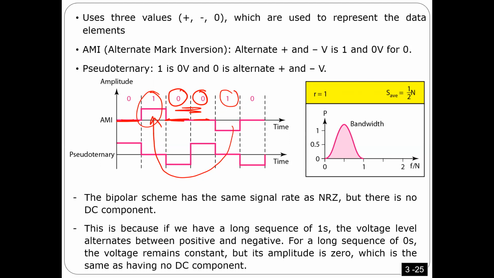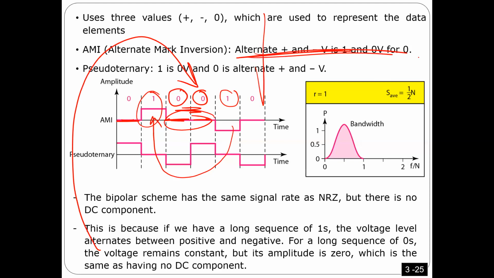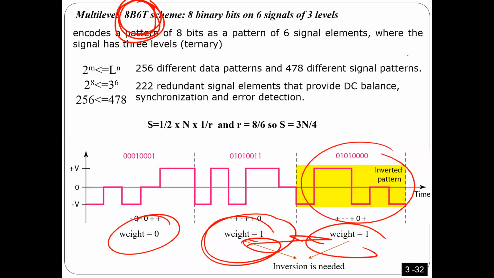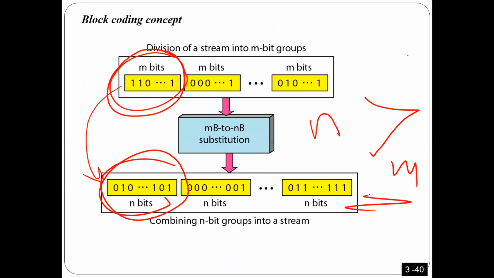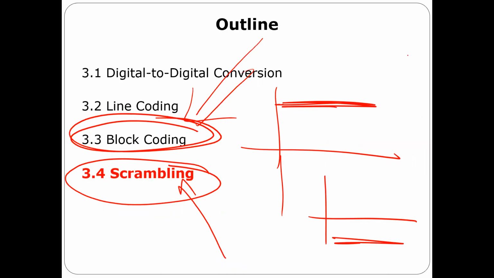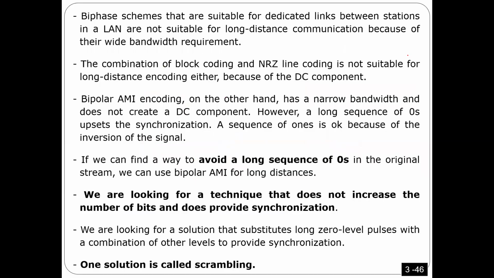So now the question is, without adding more bits, how can I modify this idea so that I'm not going to have 0 voltage for a long time? The way they did it here, that's what we call scrambling. So scrambling is going to be an enhancement to the AMI scheme.